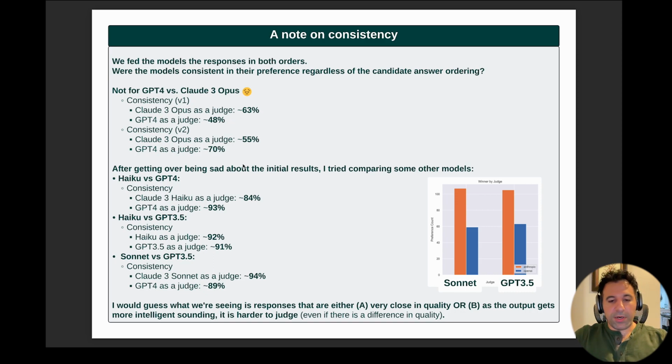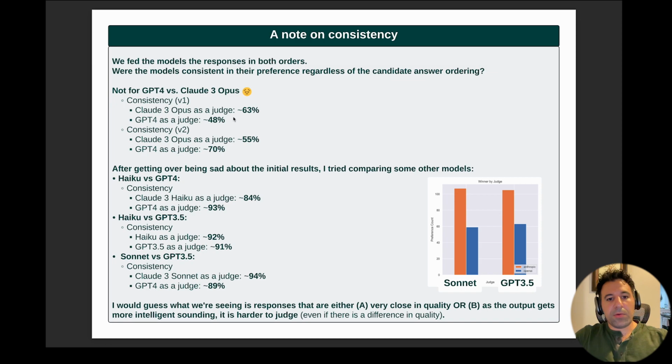a couple more pairings. I ran a few more experiments, and I saw for these other models there was a lot better separation, a lot more consistency. I'm not sure exactly what's causing this. It could be A, B, or maybe something else.